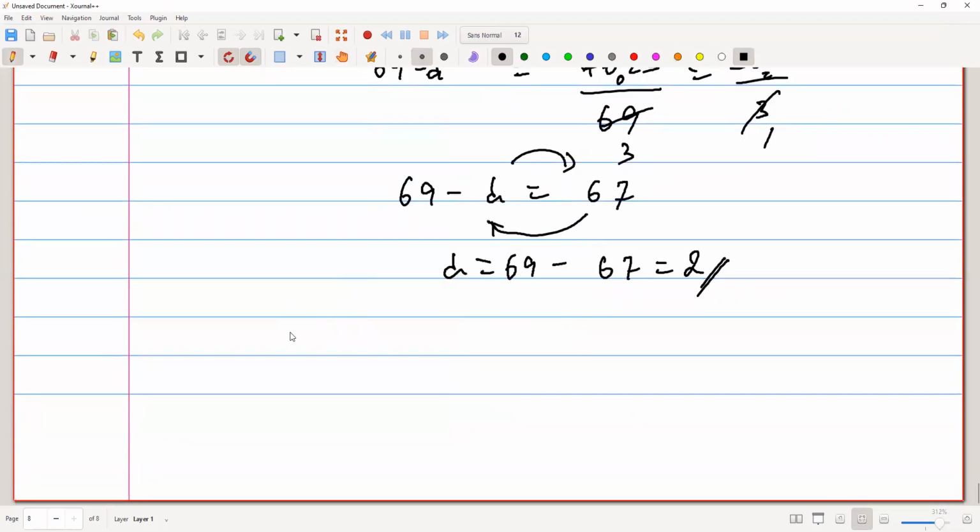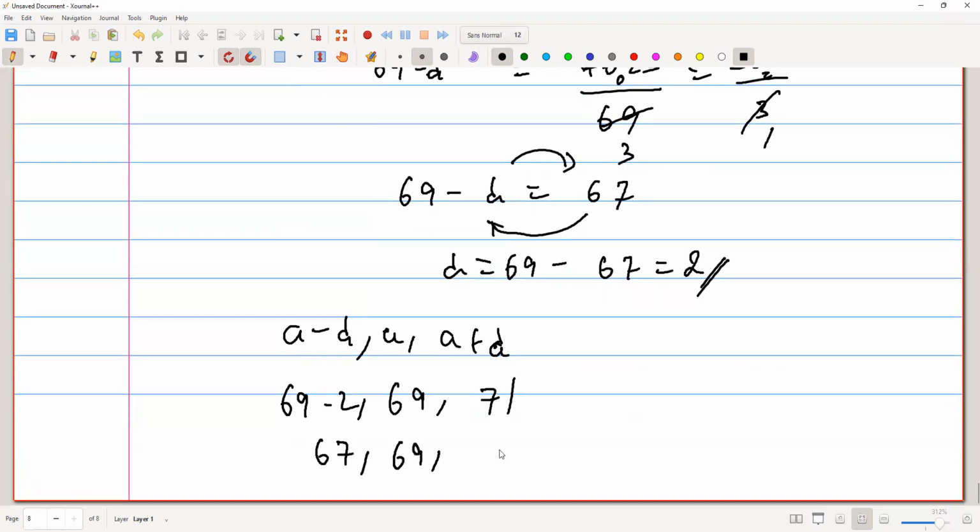What are the three amounts? A minus D, A, and A plus D. So A is 69 minus 2, then 69 itself, then 69 plus 2, 71. 67, 69, 71 is the AP.